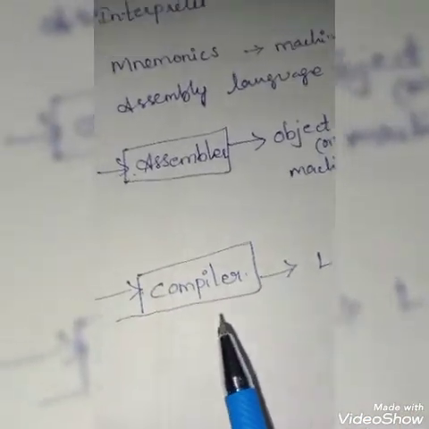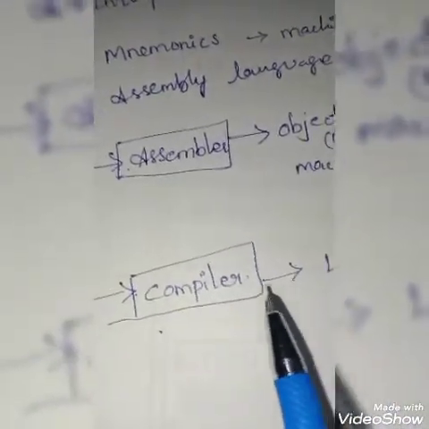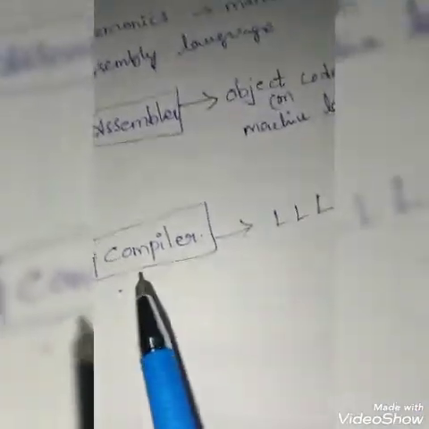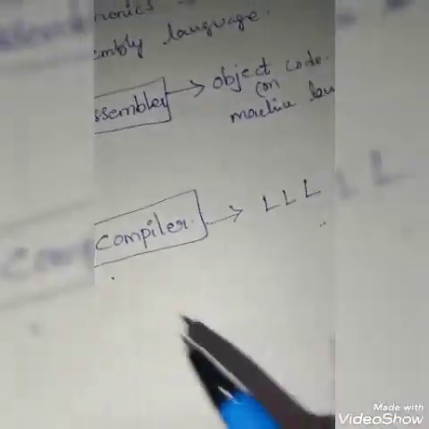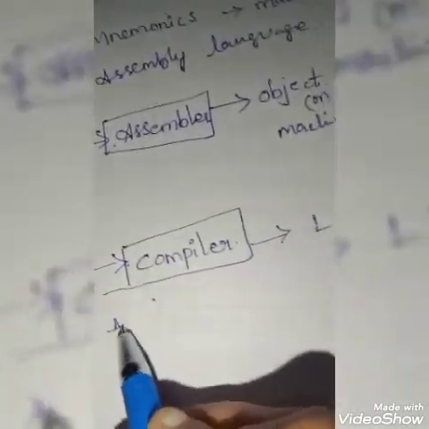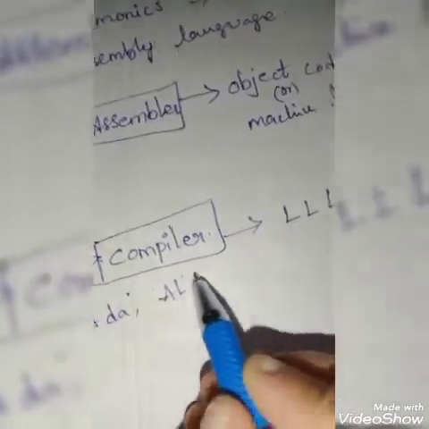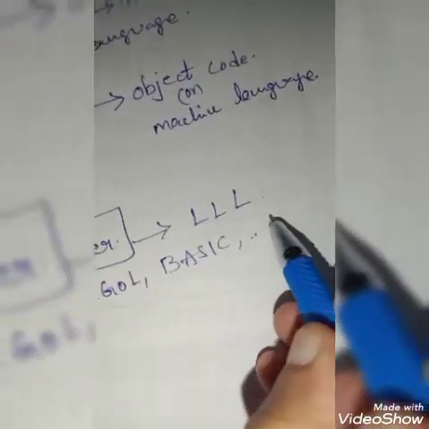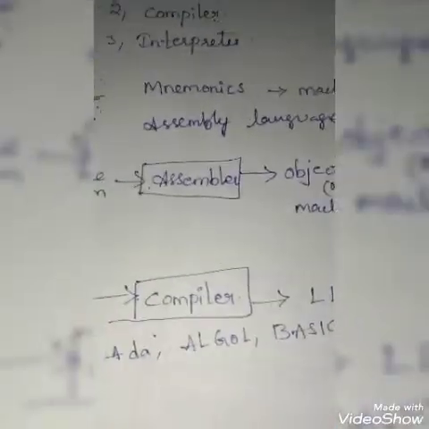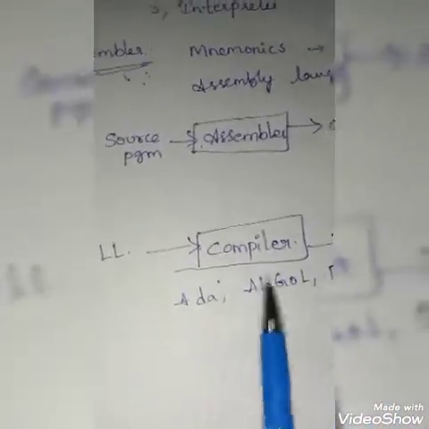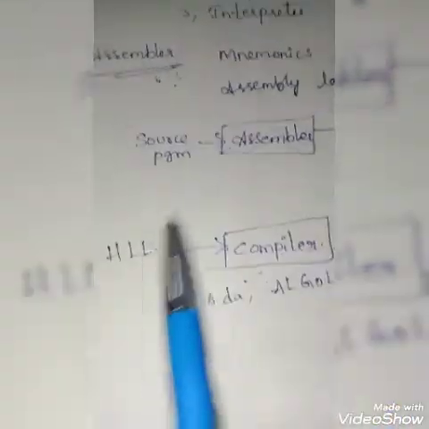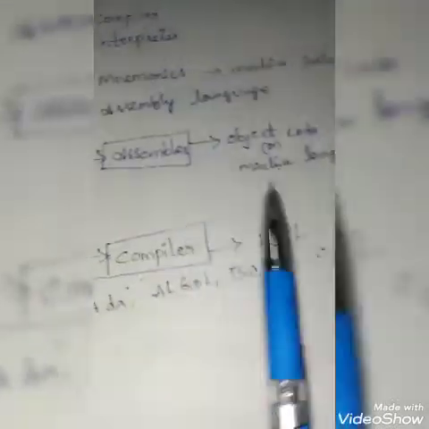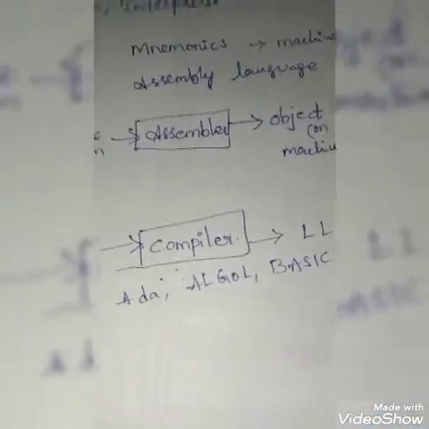We have some examples of compilers like ADA compiler, ALGOL compiler, BASIC compiler, C compiler, COBOL compiler. So we have many types of compilers, and we are all aware that a compiler is a translator which takes high level language and converts it into low level language.